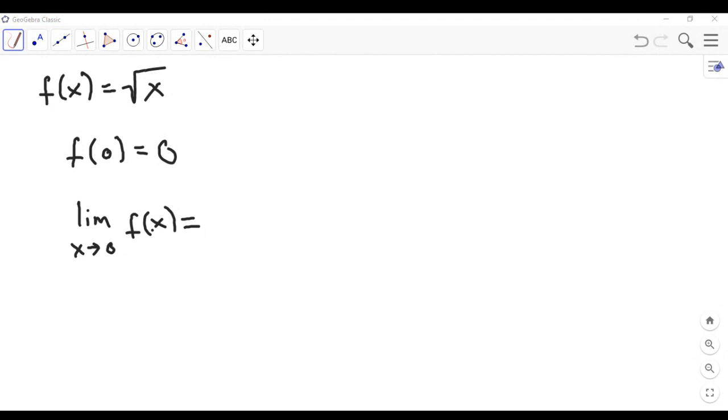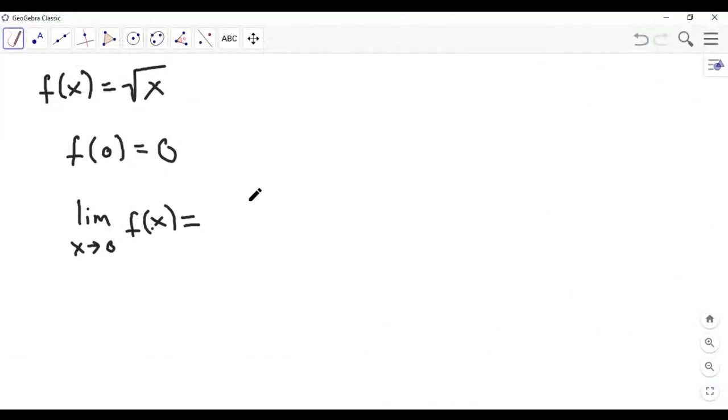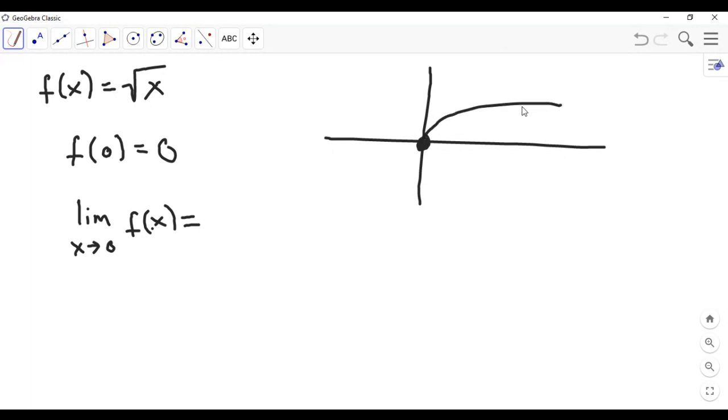0 is actually a bit of a trick question, because if we actually sketch out the function, we can see that from the right-hand side, the function does approach 0, but from the left-hand side, the function doesn't exist. So because the limit from the left side isn't the same as the limit from the right side, the limit actually does not exist.